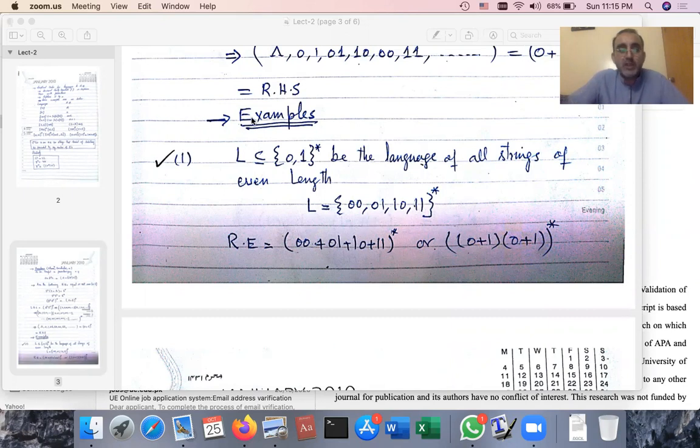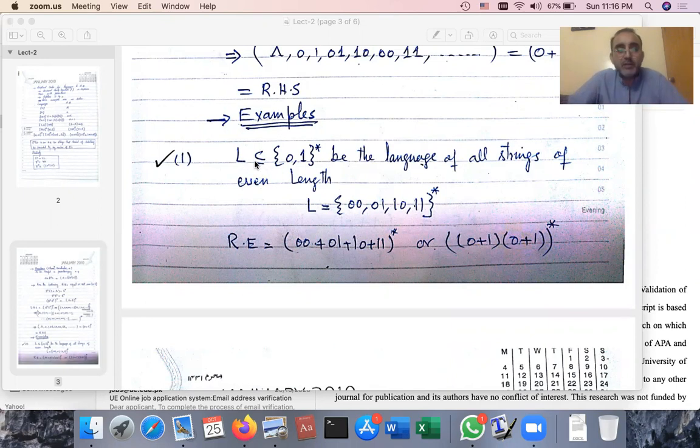So now in this example, the definition of some language is given in a theoretical statement, and then what is my duty? I have to convert that theoretical statement into a mathematical definition for the language first, and then I have to build a regular expression for that language.